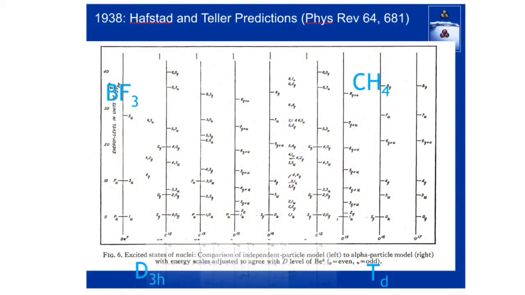And here was a prediction of the structure of a whole sequence of light nuclei. At that time, very little was known about these systems. So maybe the ground state energy and a few excited states, but nothing more. So this was a prediction 80 years ago, and we're still working to test whether this prediction was true or not.